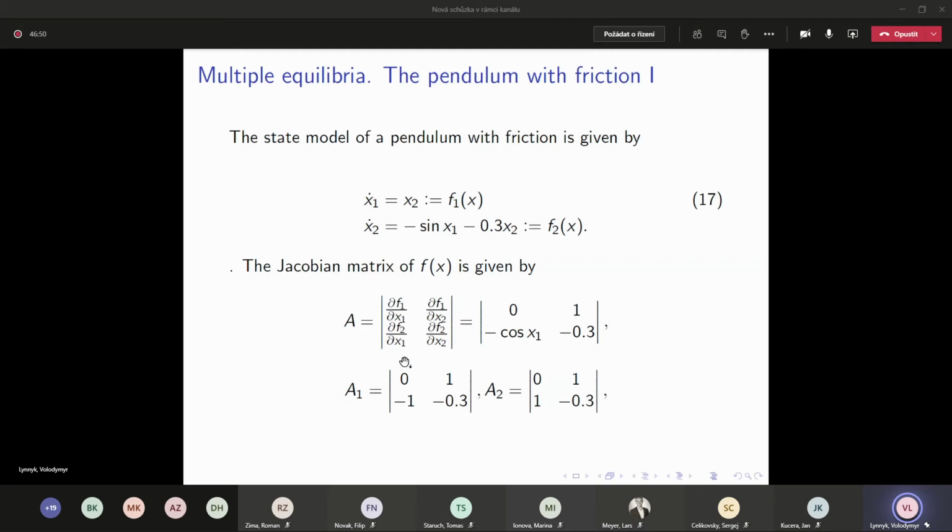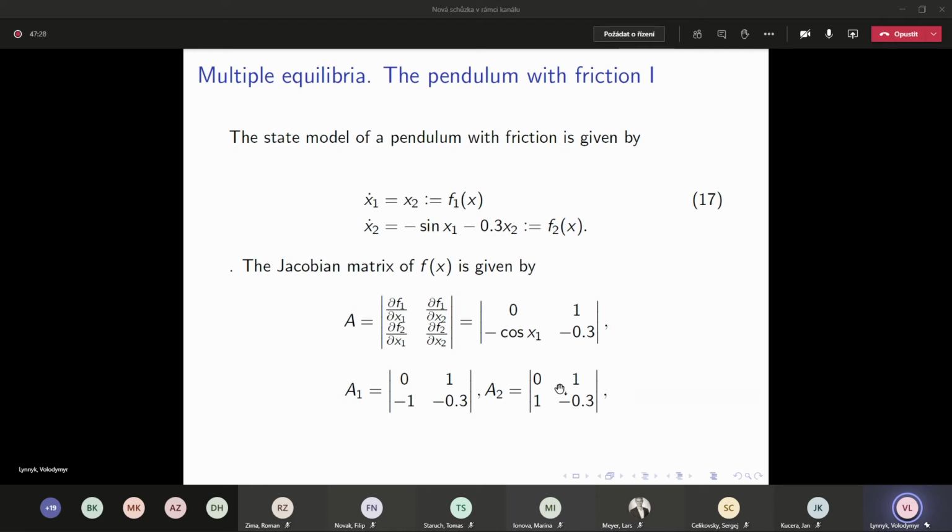respectively. This is the (0, 0) point, and this is the (π, 0) point. For the first, the eigenvalues are complex numbers with negative real part, and for the second, there are two real eigenvalues, one positive and one negative.